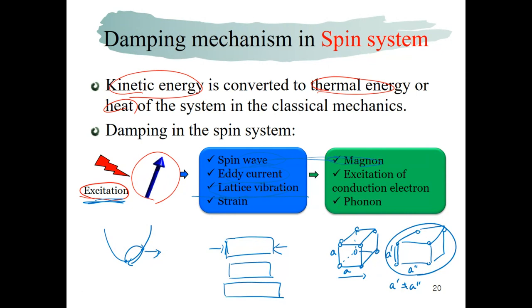There is some distortion of the lattice, and maybe you can call this a crystal structure change. Because in the original case, this direction and this direction are physically the same, but in this case they are not equivalent anymore.